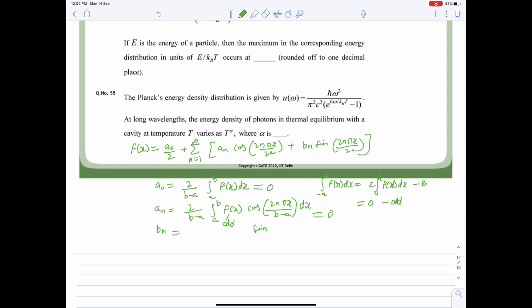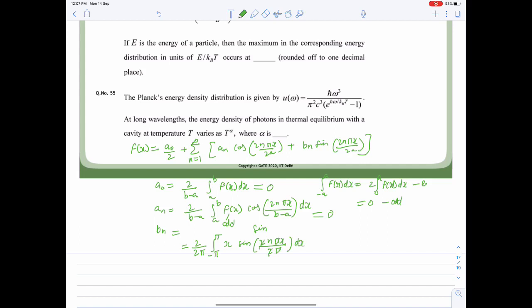So how we'll calculate bn: it is 2 over (b minus a), where the limits are from minus pi to pi, so 2 over 2 pi, f(x) is x, and here sine of 2 n pi x upon (b minus a), which is 2 pi, dx.